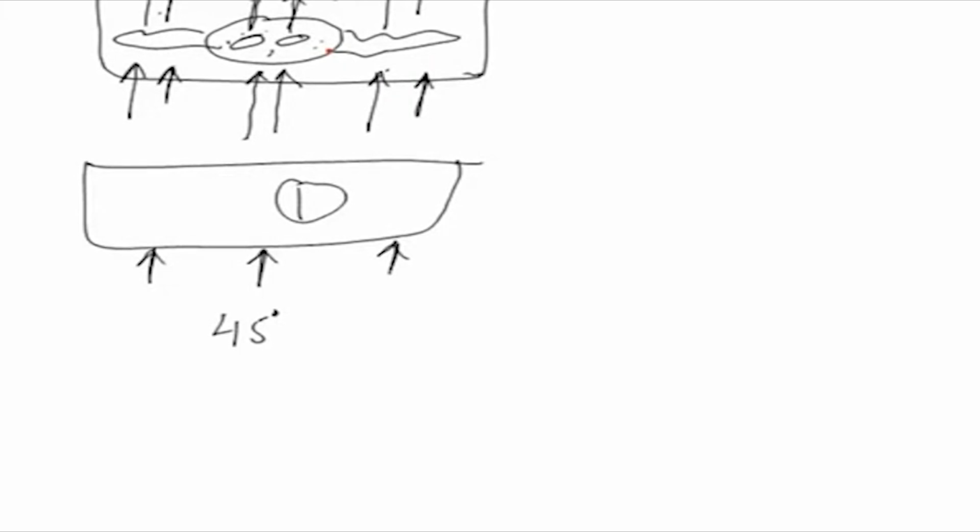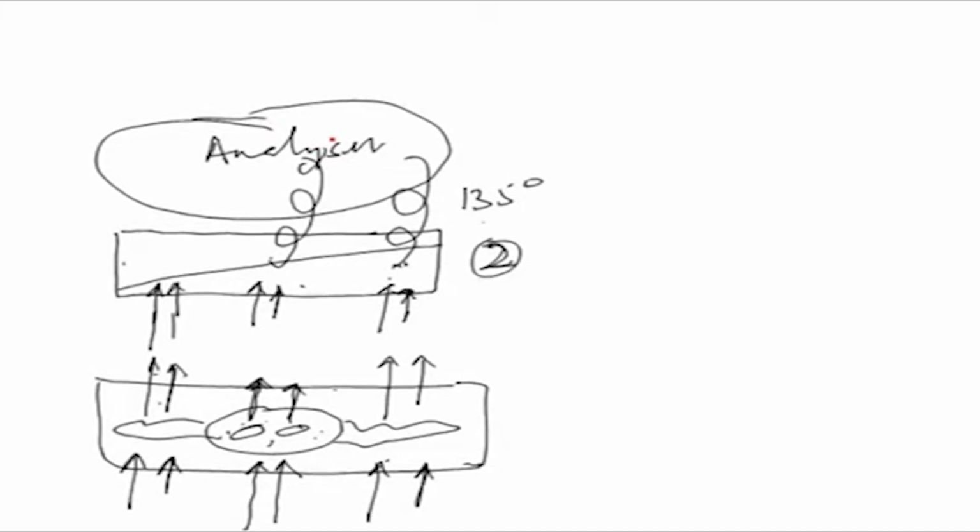As you decrease the shear distance, you also increase the resolution, but that has to be set accordingly. Once it passes through, there is differential absorption due to thickness and refractive index, and this light is combined by prism number 2 into elliptically polarized light at 135 degrees.